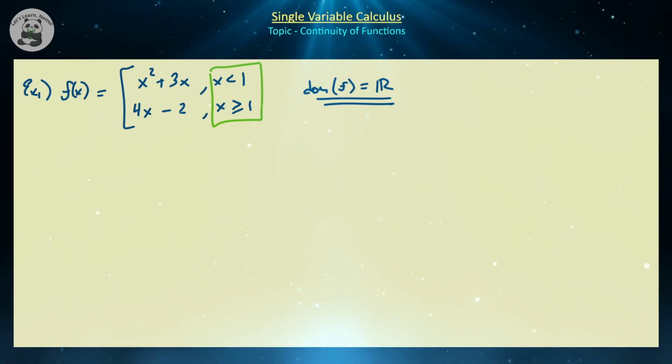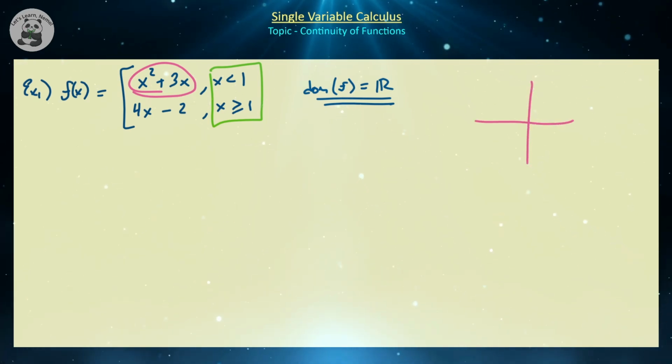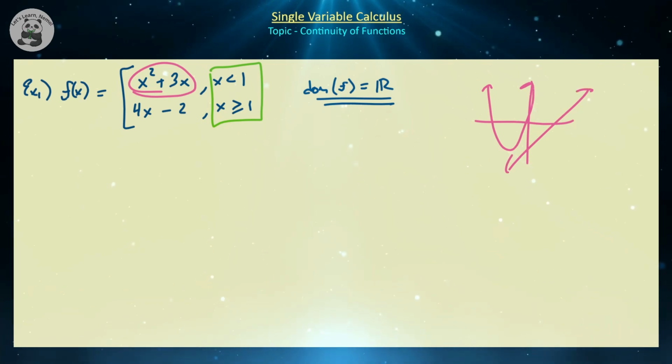So if you look at the graph of x squared plus 3x on its own, you should know that that is the graph of a parabola. And you should be able to graphically accept at the least that all parabolas are going to be everywhere continuous on their domain. And similarly for x minus 2, that's the graph of a line, and one should be able to at least graphically convince themselves that lines are also continuous everywhere on their domain.